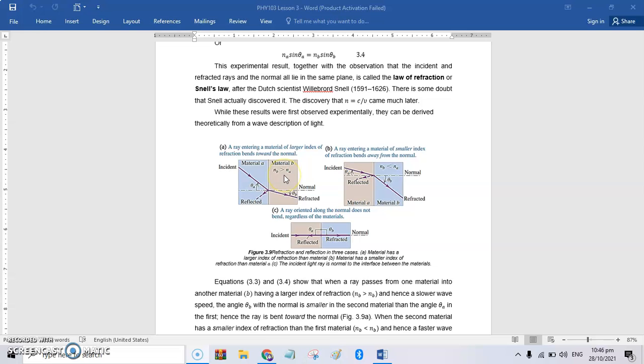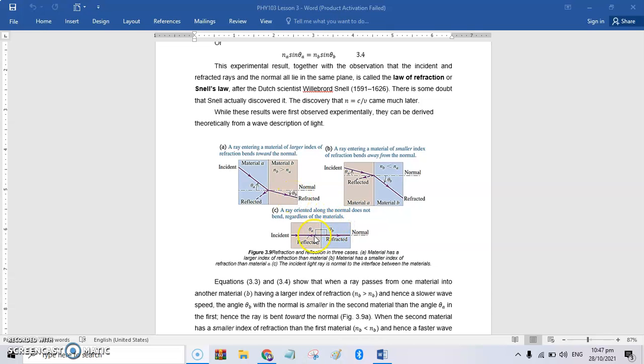Halimbawa si B is mas malaki kaysa kay A. And dito naman, si A is mas malaki kay B. So, yung index of theta, ang theta is maliit and then lalabas siya ng malaki. Okay? Dito malaki, lalabas siya ng maliit.